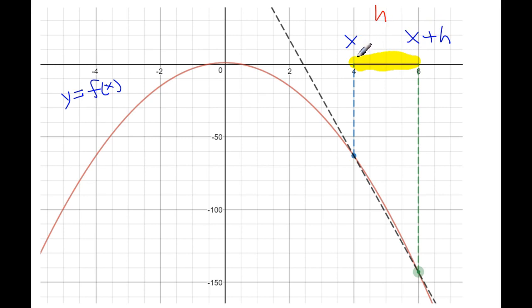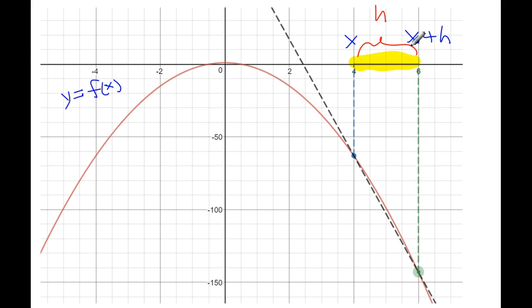So h is the distance between the leftmost number and the rightmost number. We use h because it stands for horizontal, a horizontal shift, a horizontal distance between one number and the next.